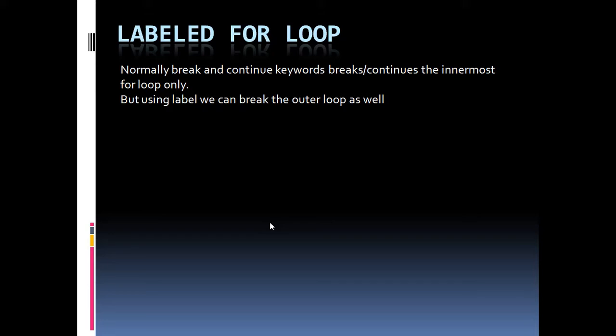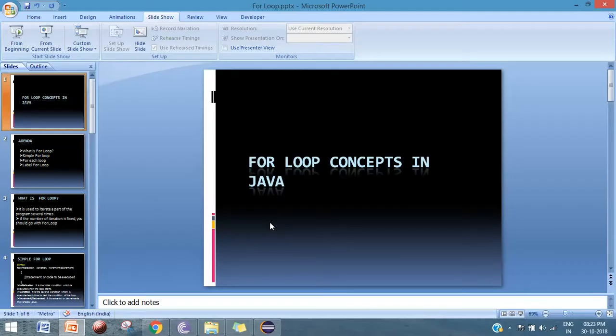And just by denoting the label, you can have control to break any for loop, either the outer loop or inner loop. So there is an advantage of giving a label to the for loop. We will see shortly how to give a label to the for loop.